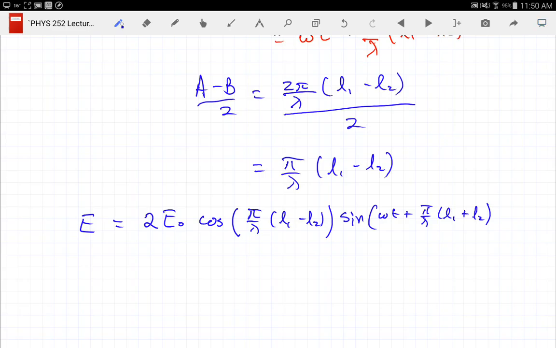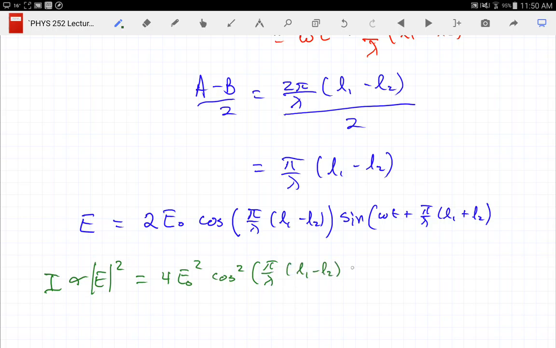Now it's important that we remember intensity is not equal to electric field, it's proportional. So the intensity is proportional to the electric field squared. Well, the electric field squared is going to be 4 E0 squared, cosine squared, so that's going to tell me what my intensity is at some moment.